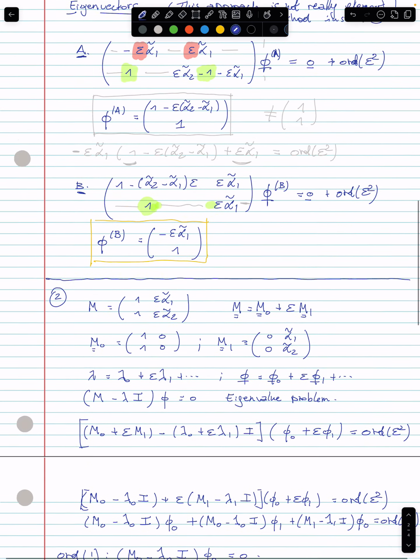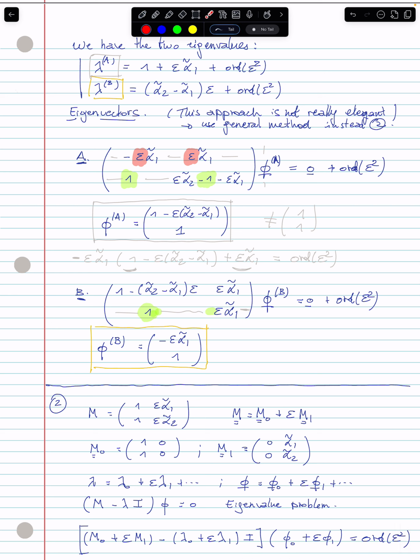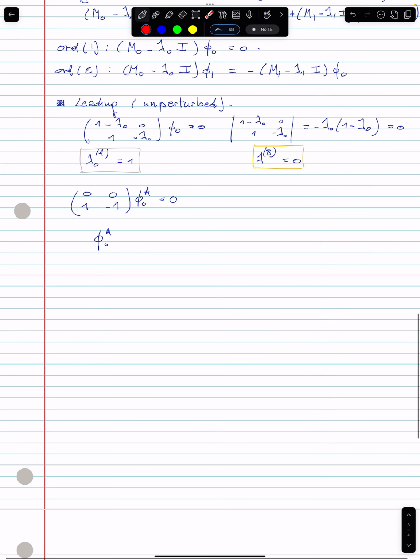And this corresponds to what I discussed over here. You see clearly that in the unperturbed case, this disappears, and so we are just left with 1 and 1. So the first equation actually cannot even be used in this case. That's also why perturbation methods are great, because they tell you just what you can and can't do. So what we obtain for the leading order solution for the eigenvector is this one.